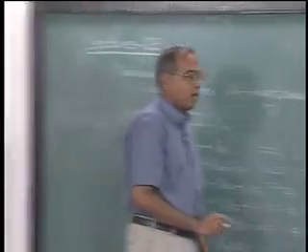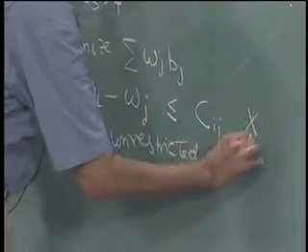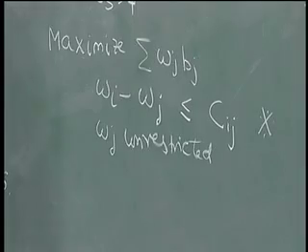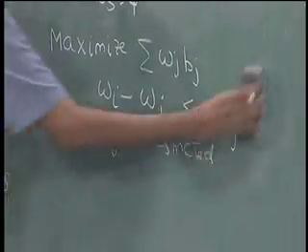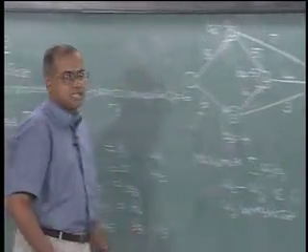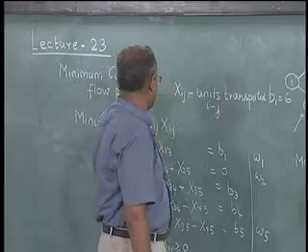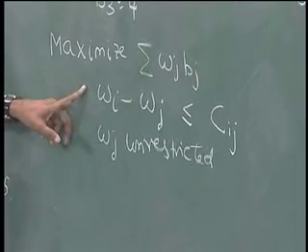So, the most important thing here is this particular constraint. This is a very important kind of constraint that we will have to look at. This is quite similar to that of a transportation problem, where we had Ui plus Vj is less than or equal to Cij. Now, in the minimum cost flow problem, we have this as Wi minus Wj is less than or equal to Cij.